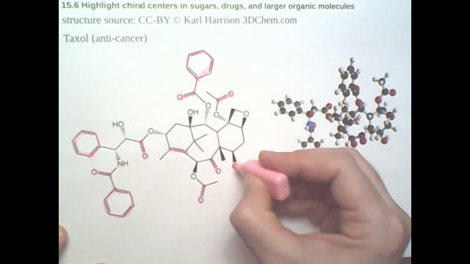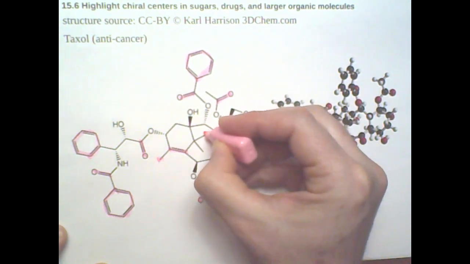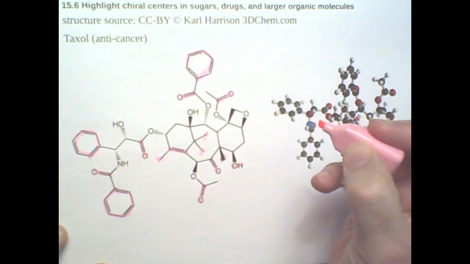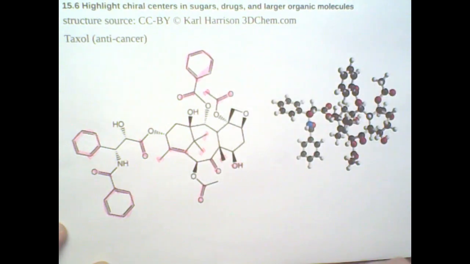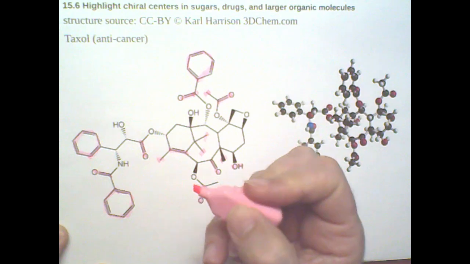Everything out on an end. No chiral centers on any of those atoms. O's and N's, they only connect to two or three things.